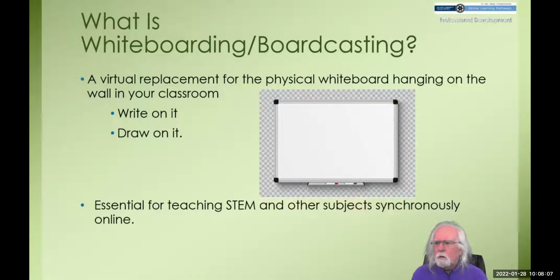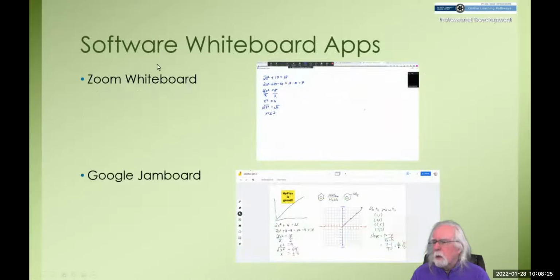Fortunately, there are virtual equivalents of several types to that whiteboard, which you can use in a Zoom class meeting. And we're going to talk about those today and how to use them, how to access them, and how you might use them. We'll start with so-called software whiteboard apps.